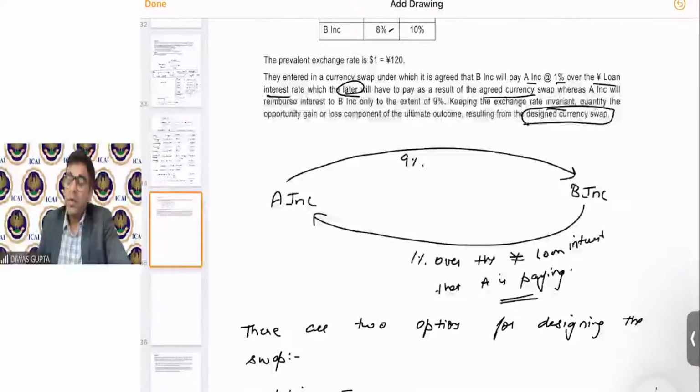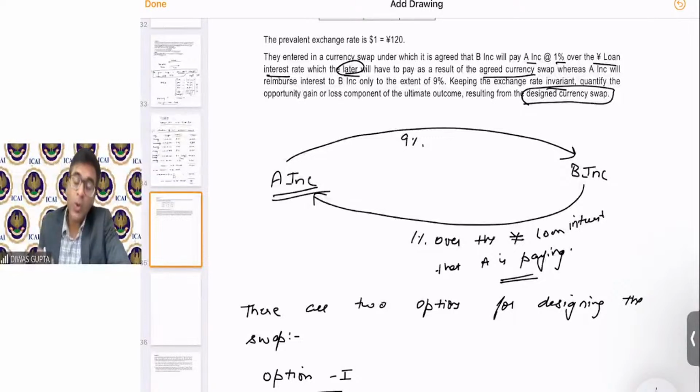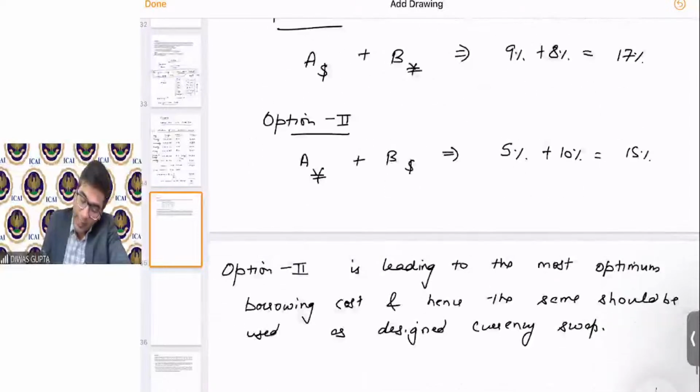That means the question also is indicating that A will pay the yen loan interest rate, and over and above that 1% will be paid by B to A as a result of the swap. So that means A needs to borrow in the first place in yen as per the swap, right? Which again signifies that option 2 is the right option that we have selected.